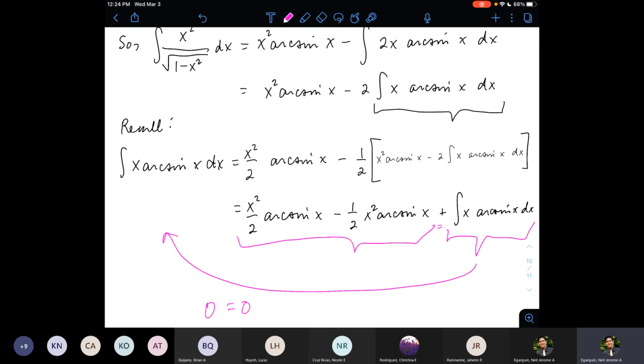Right. Let me just see quickly. I'm just curious, what is its integral? x times arcsine x.